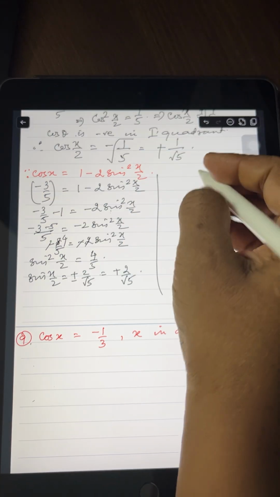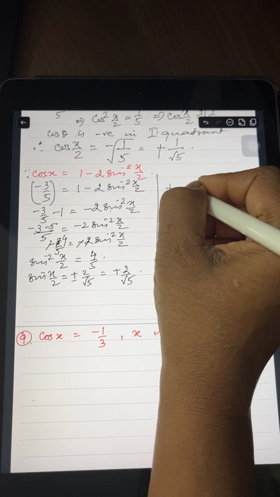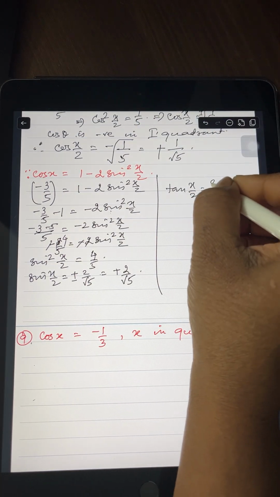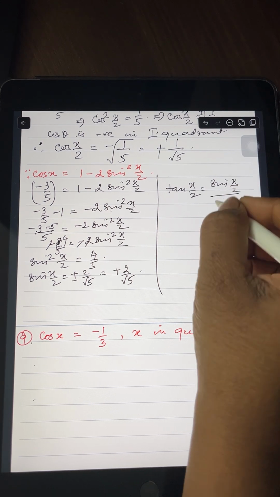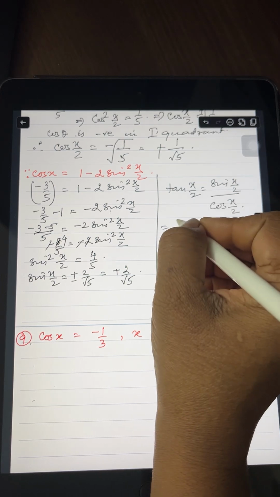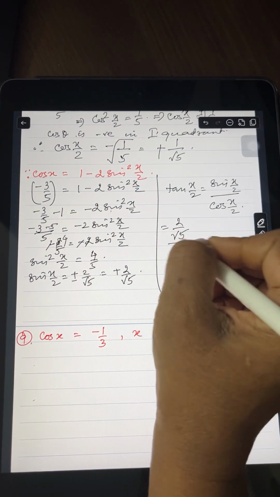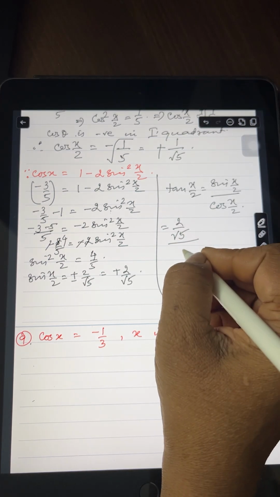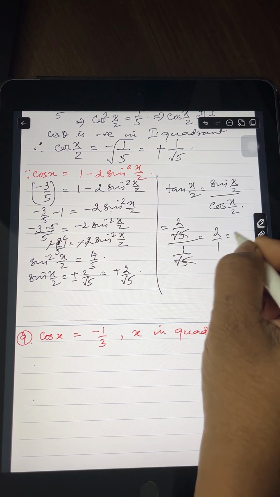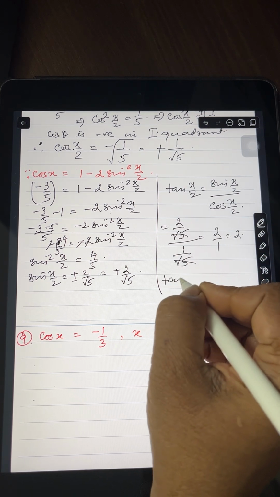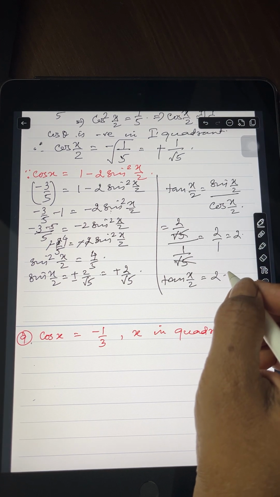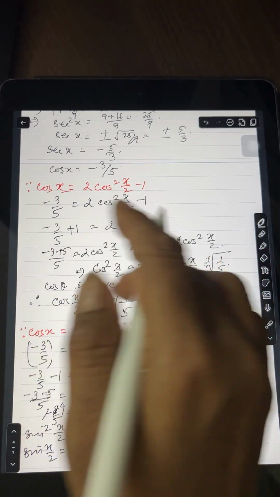Now, what is sin x by 2? 2 by root 5. And what is cos x by 2? It is 1 by root 5. So cancel both, you get 2 by 1, which is 2. So tan x by 2 is equal to 2. Clear? Okay.